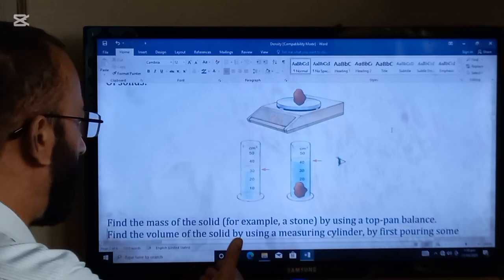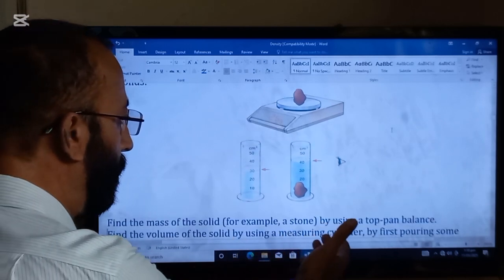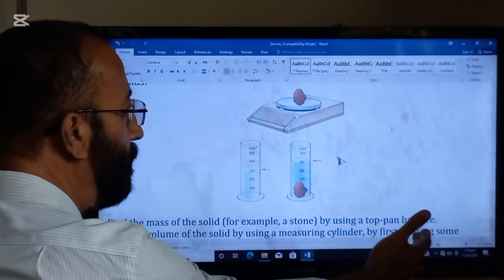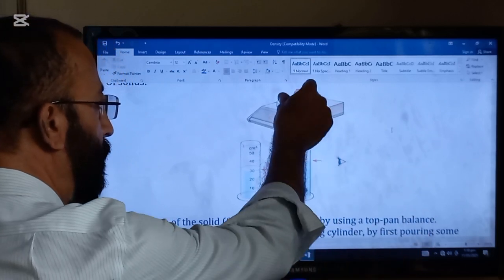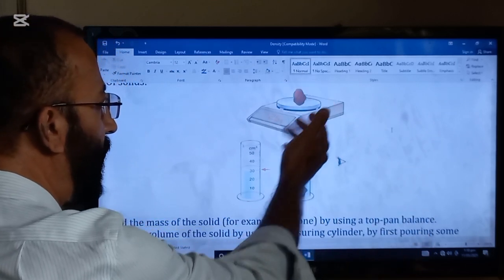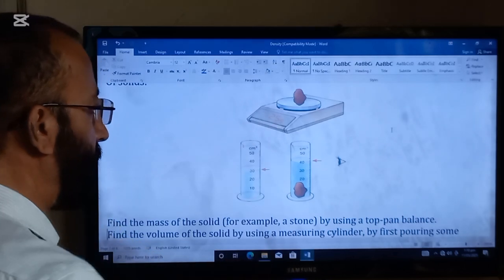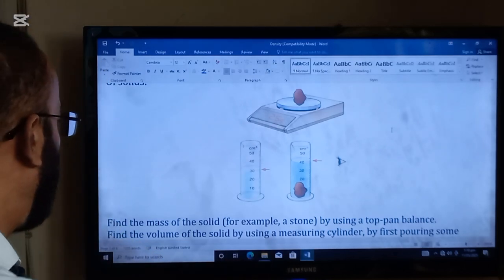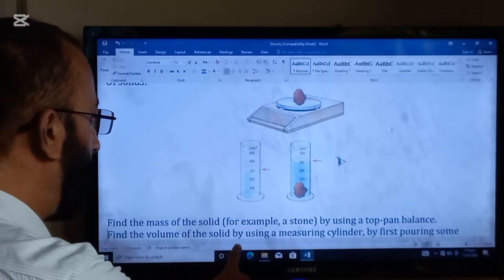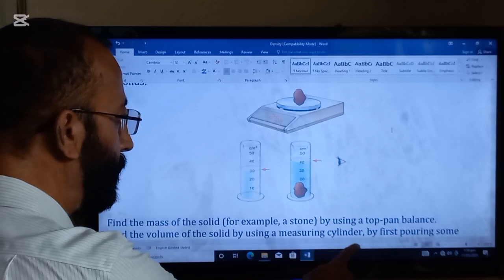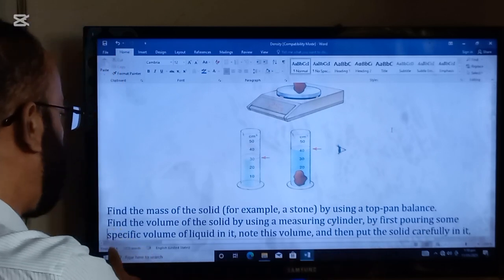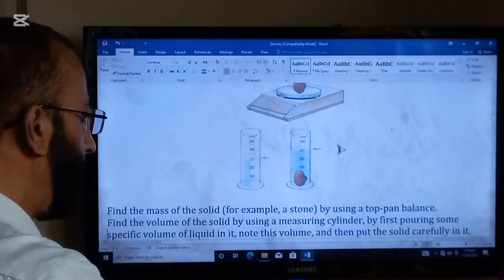Find the mass of the solid, for example a stone, by using a top pan balance like this, putting the stone on the top pan balance and finding the mass. Find the volume of the solid by using a measuring cylinder by first pouring some specific volume of the liquid in it.